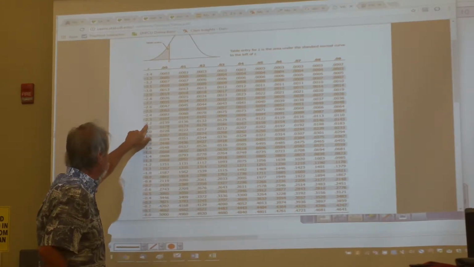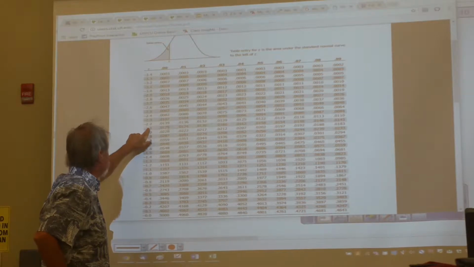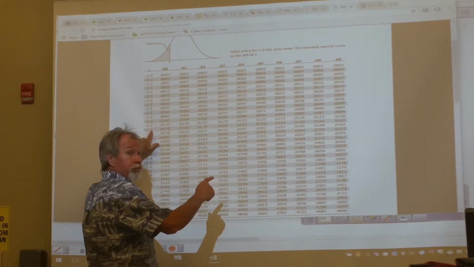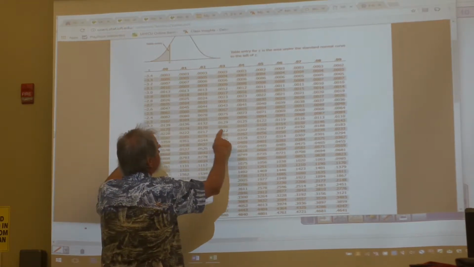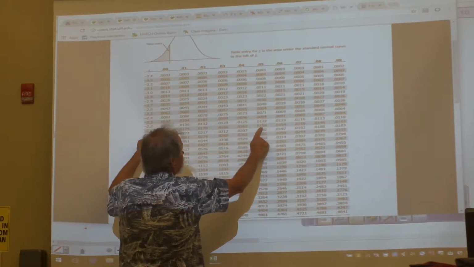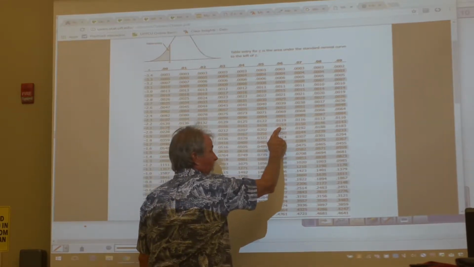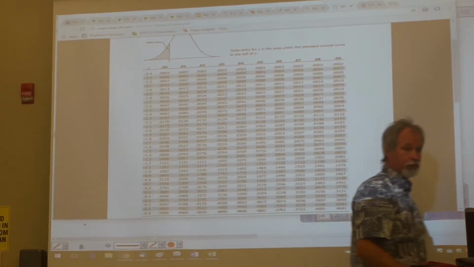So negative 2.16, since it was 157, I'd round it, right? So I'd go over here, and I get a p-value of 0.154.